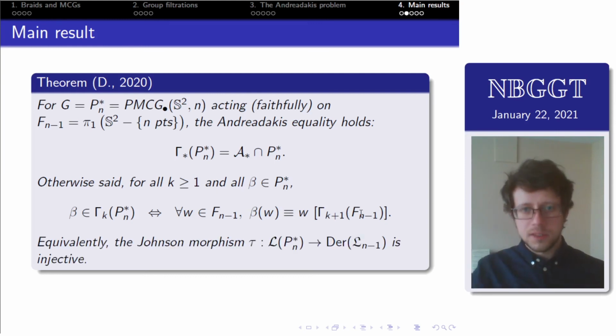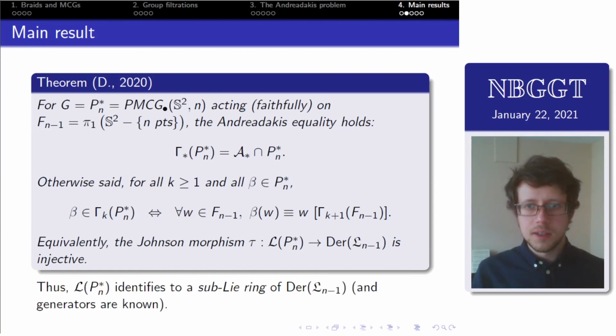And yet another way to say that is to say that the associated Johnson homomorphism is injective. So in particular, this Lie algebra associated to the lower central series of this group identifies to a sub-Lie algebra of derivations of the free Lie algebra.